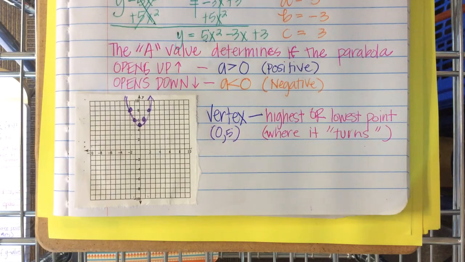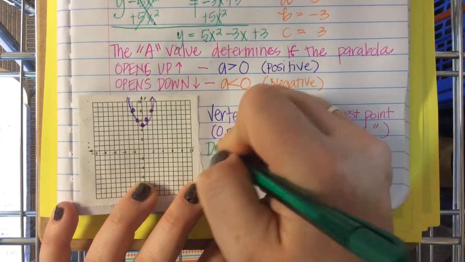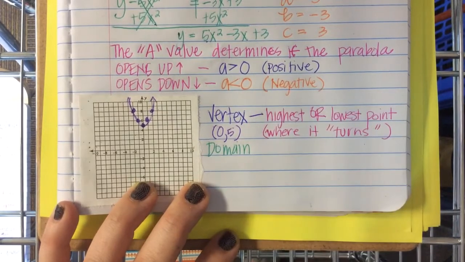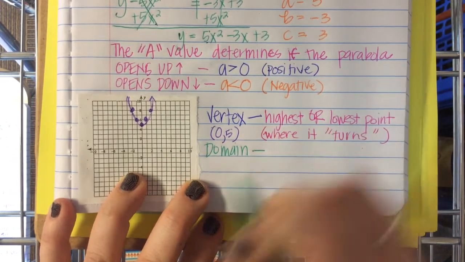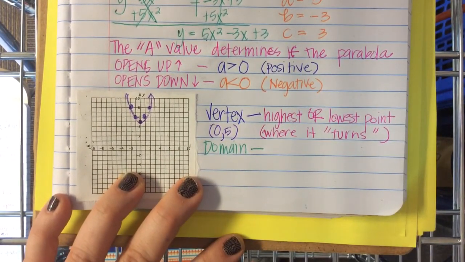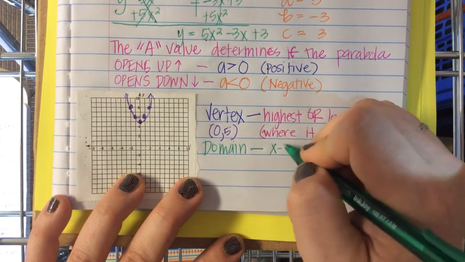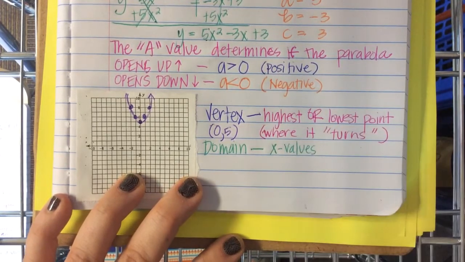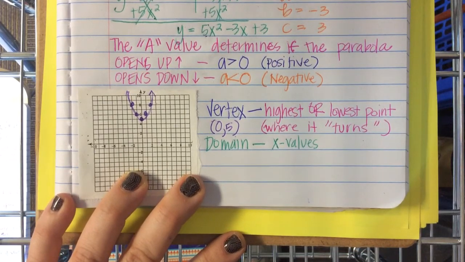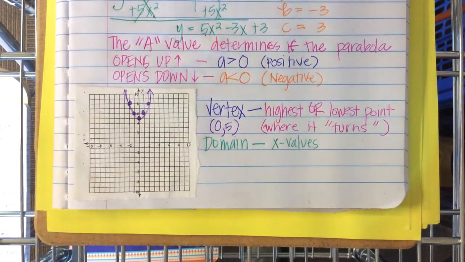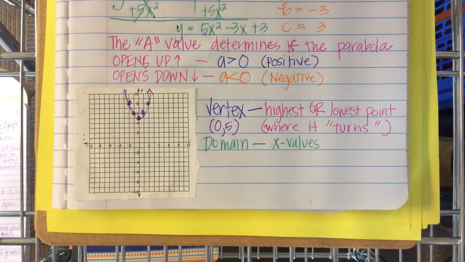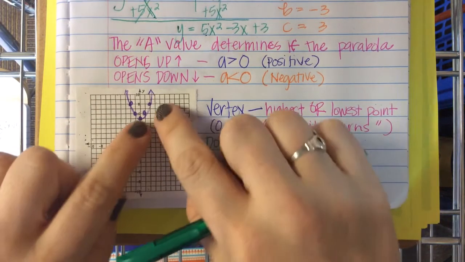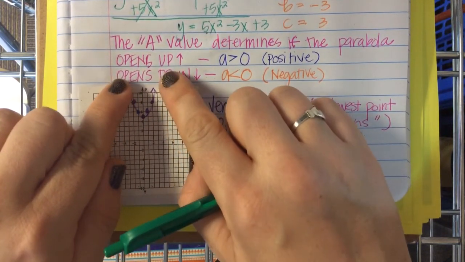Is that all we're going to do with that graph? Nope. Then we're also going to find the domain of this parabola. And you guys told me when we were doing our objectives that domain is a fancy word for the x values. And what have I been trying to explain to you about parabolas? Are they the shape of a U? No. Every time you go up a little bit, what happens? It expands.